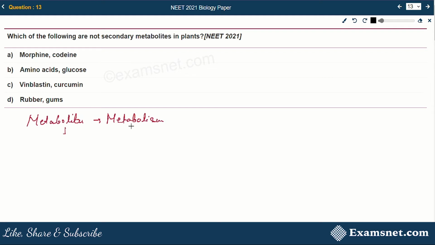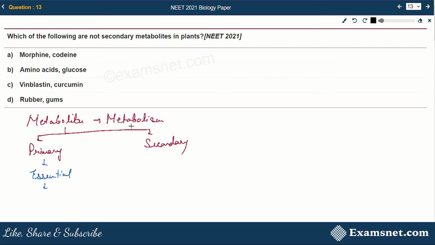Okay. Now these are classified as primary metabolites and secondary metabolites. So what is the difference between primary and secondary? See, primary metabolites are absolutely essential. That means these have identifiable functions and important roles to play in the normal physiological functions of plants or animals.